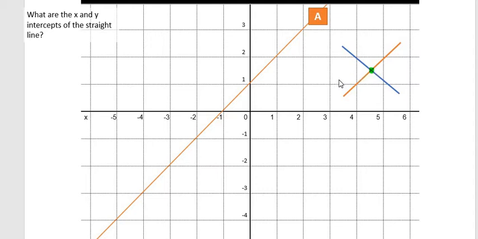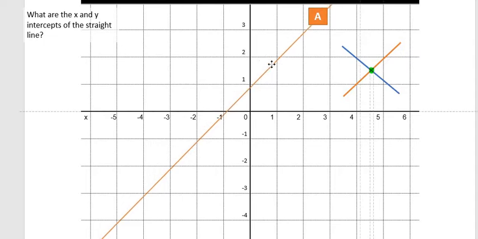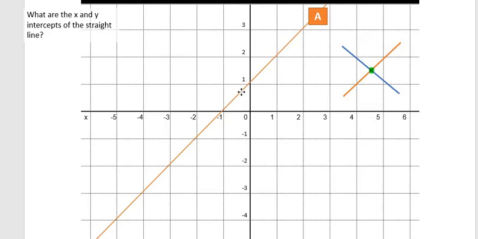All right. So Patrice, is that understood? Yes, it is. Okay. So let's look at this straight line, or we call it a graph. Anything that we draw on the coordinate plane. You're probably asking, why do we call this coordinate? Coordinate meaning it has an x location and a y location.